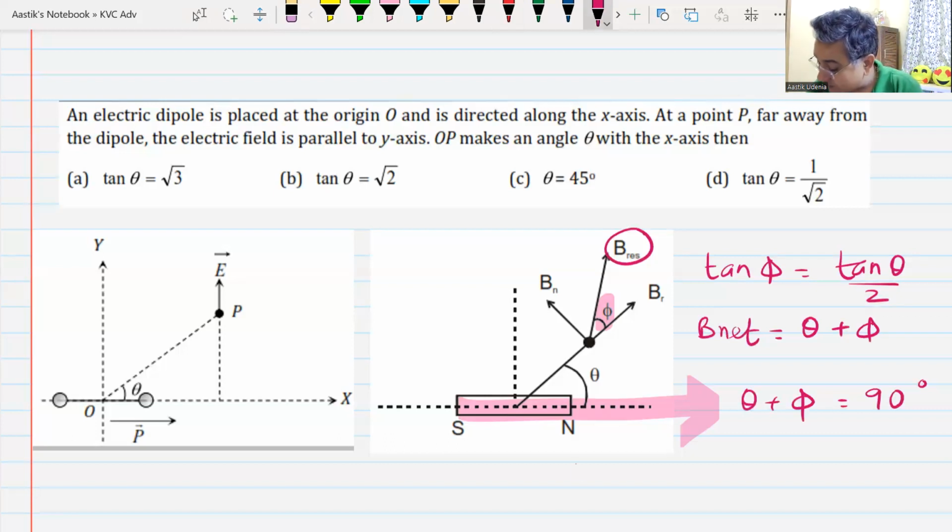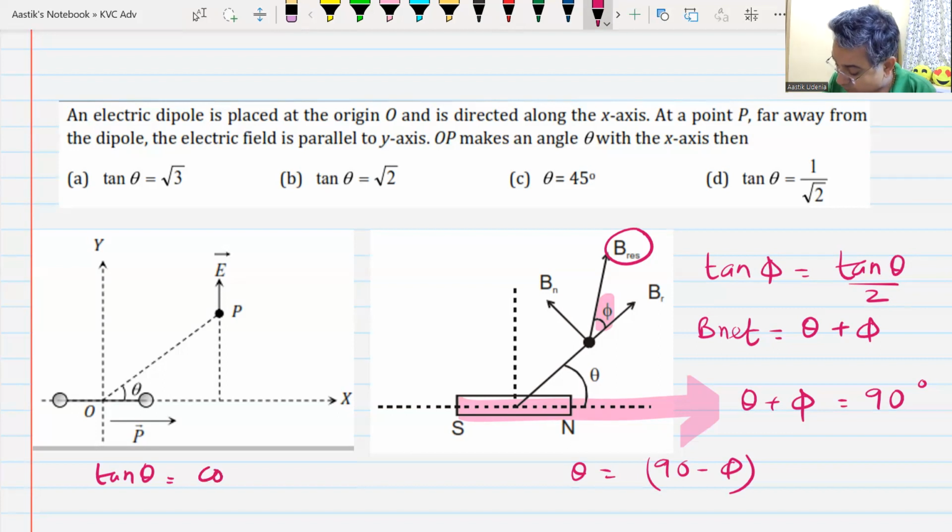So from here you can find out theta will be equal to 90 minus phi. So tan theta will be equal to cot of phi. Yes or no? Do we understand this?